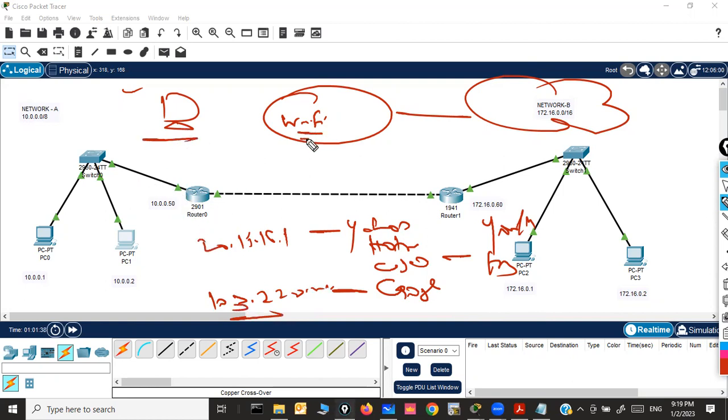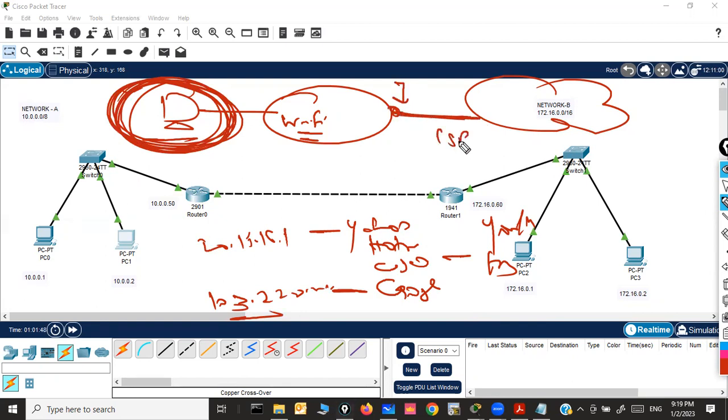This Wi-Fi router also translates the internal private IP address to the public IP address provided by the internet service provider. But that's not what I want to explain here. What I want to explain is that even if you have a single machine, a laptop or desktop, you are very much doing routing.